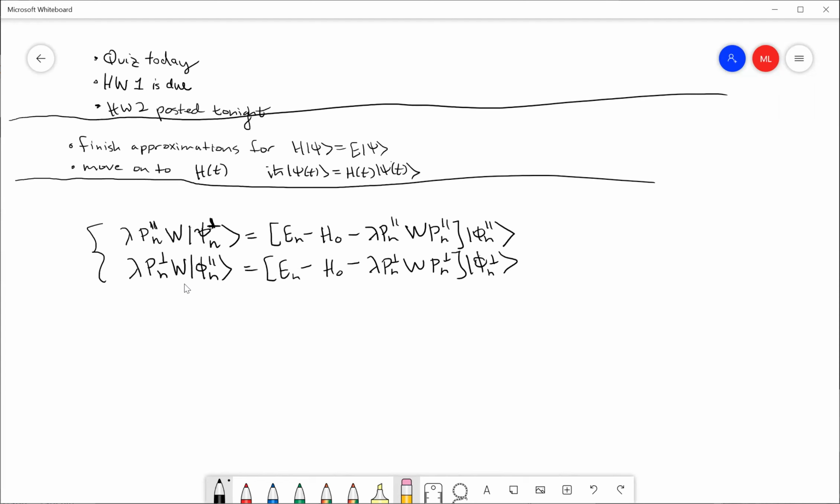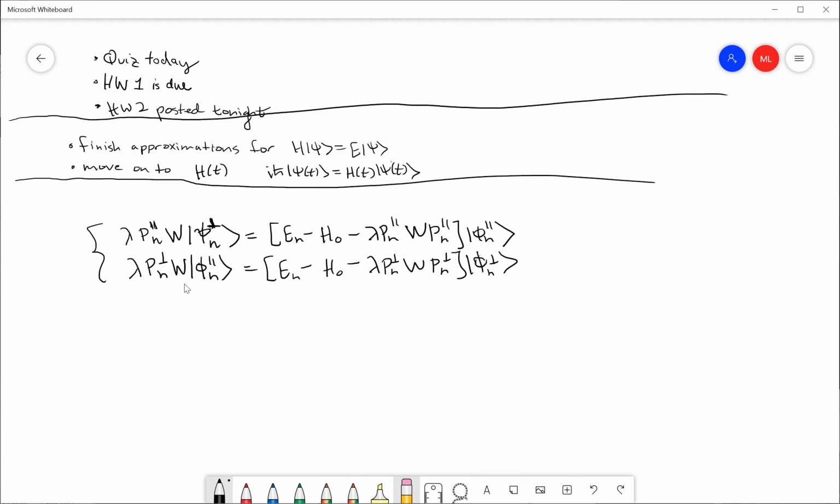So that was what we got. It's just rearranging the eigenvalue equation and projecting it onto the parallel and perpendicular subspaces related to the degenerate eigenvalue.